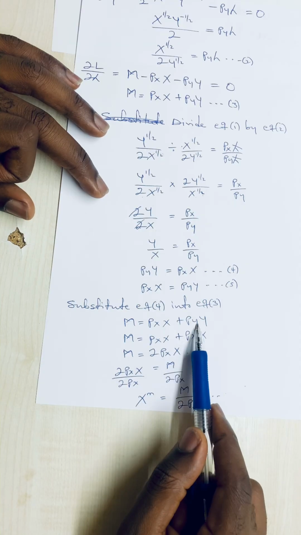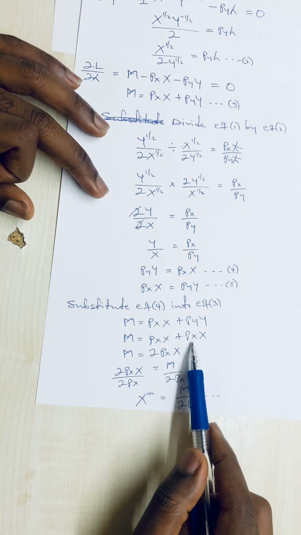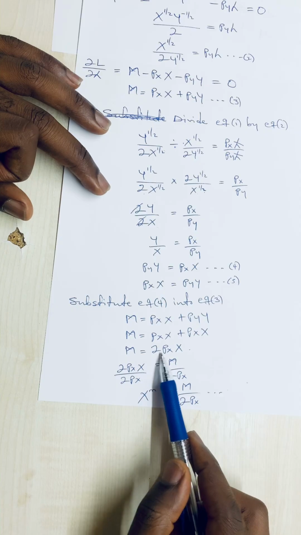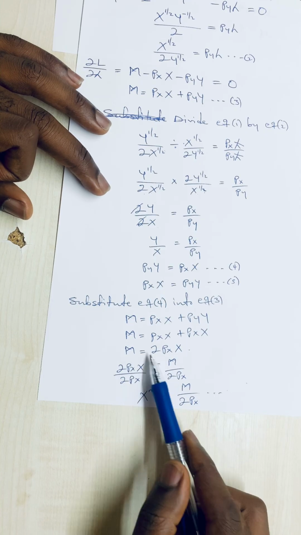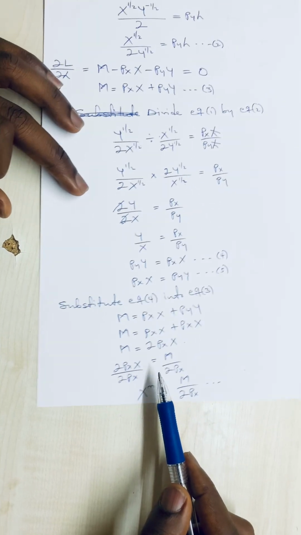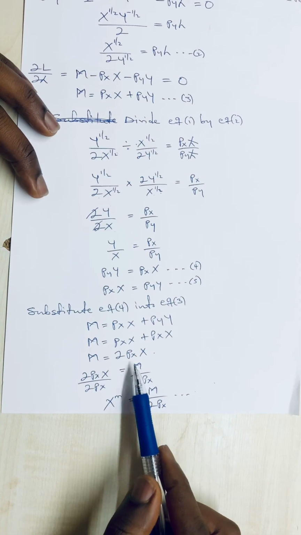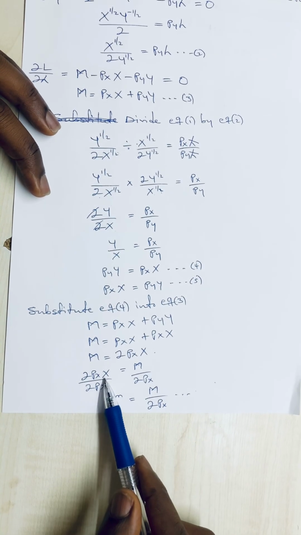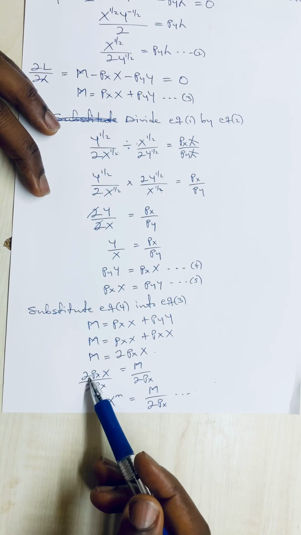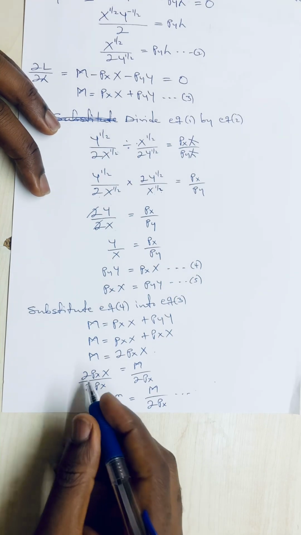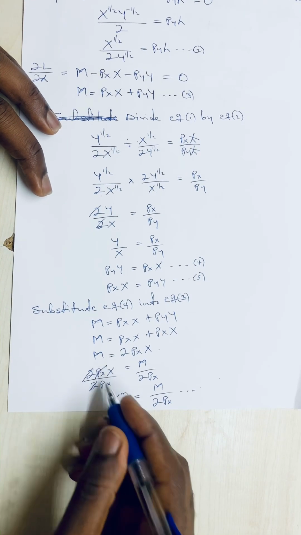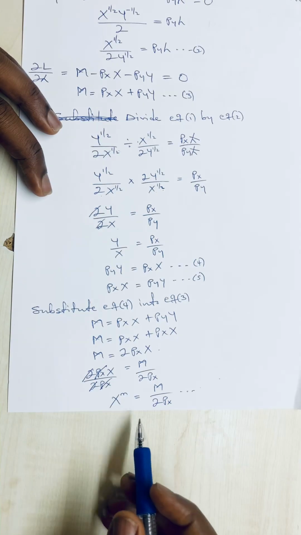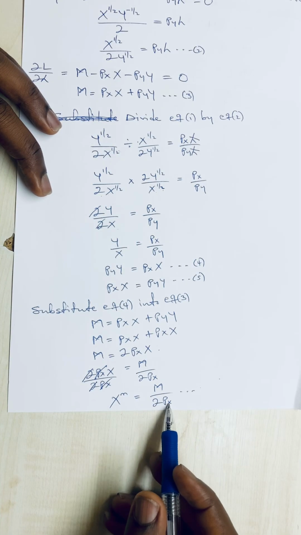So PX x plus PX x gives you 2 PX x equals M. We want to solve for x, so you divide both sides by 2PX. The 2 cancels 2, PX cancels PX, so what remains is x equals M over 2PX.